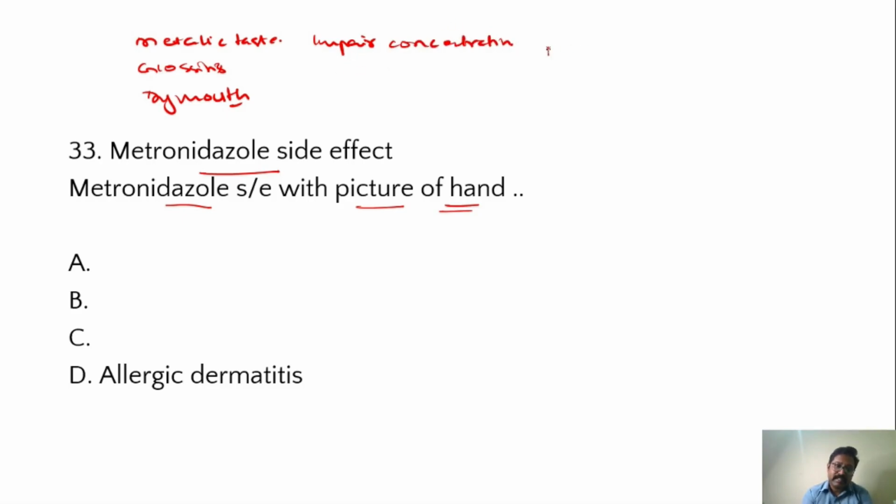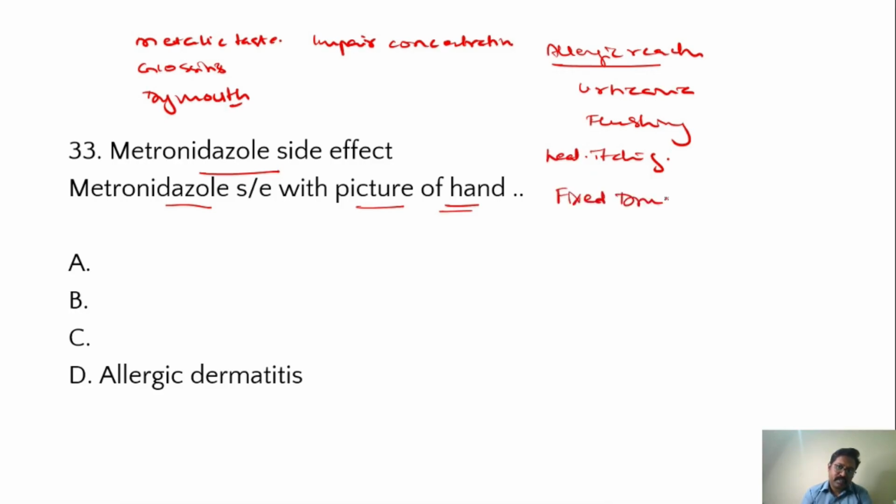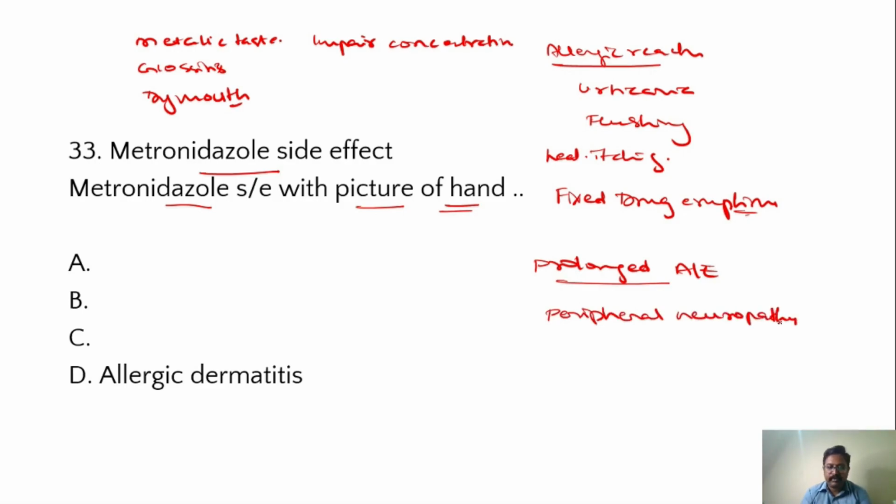It can lead to allergic reactions like urticaria, flushing, itching, heat itching, and it can also lead to fixed drug eruptions. If it is used for a prolonged duration, the long-term adverse drug reactions will be peripheral neuropathy.